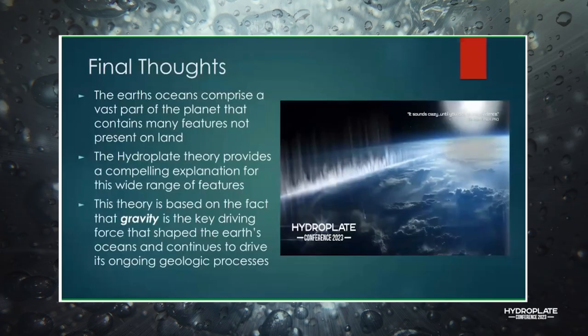That really is a common factor that we'll see later, I think, when others talk about earthquakes and some of the other features in the Earth's processes: gravity and the Earth settling and trying to stabilize itself is really what explains a lot of the features that we see. So with that, I'm going to end my talk.